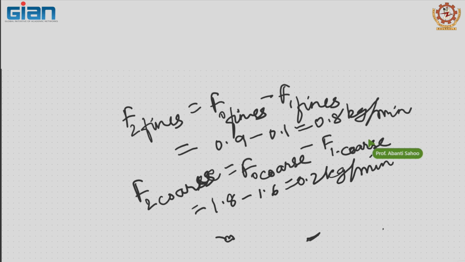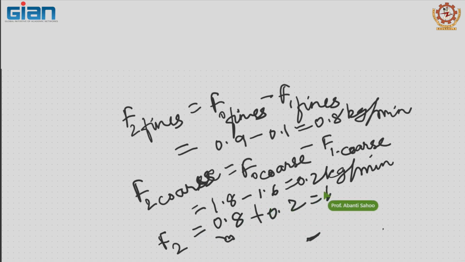So, adding, we get F2 as 0.8 plus 0.2, which is 1 kg per minute. Already we have found that also. So, now we can calculate the mean residence time.